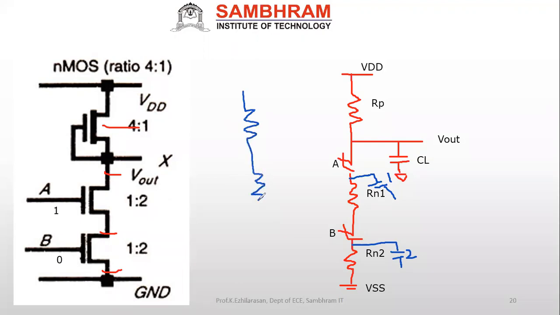If it is on, then straight away, because this is open switch, this will be your output, which will have one capacitance, output capacitance. Then this will be your VDD.